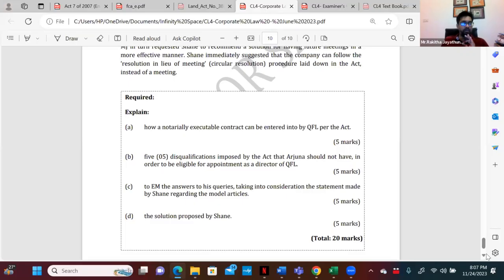So quorum is a minimum number of voting members, not just members or shareholders, voting shareholders, that must be present or in attendance at a meeting of a company for that meeting to be a valid meeting.